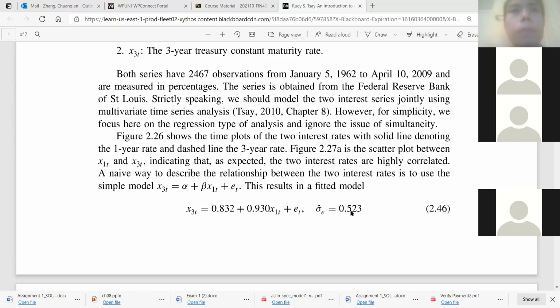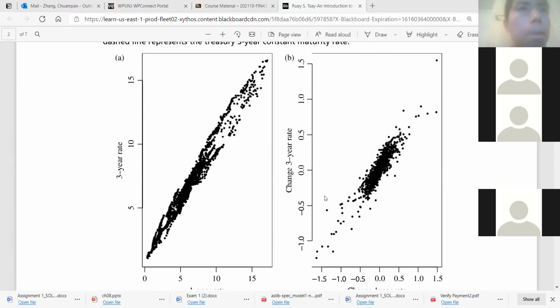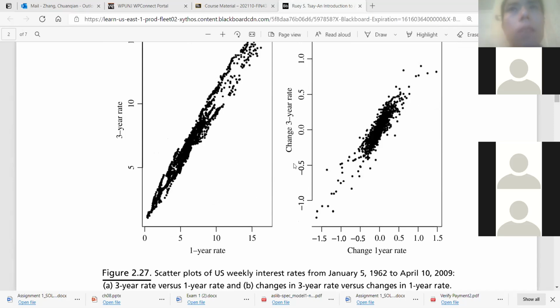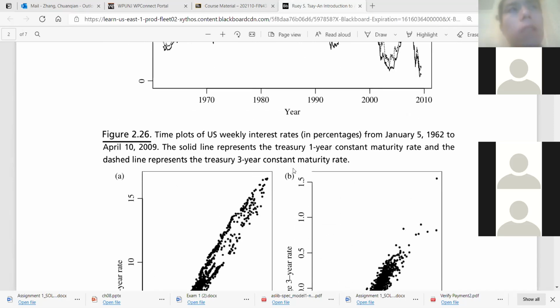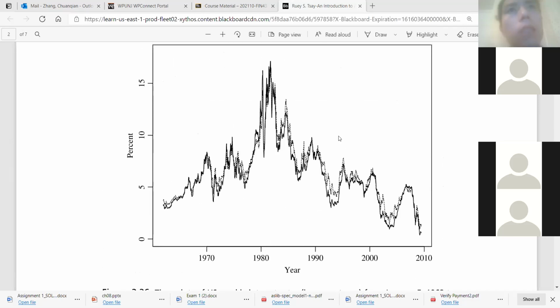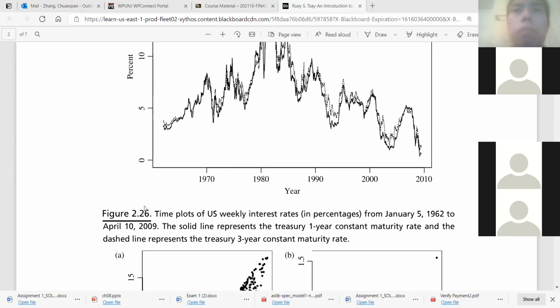Oh, okay. Sorry, Professor. So in the graph that we just went over, you said that there is, based on the image, a relationship. Is it because of how close knit the graphs actually are? You mean this figure, Figure 2.26? Yeah.